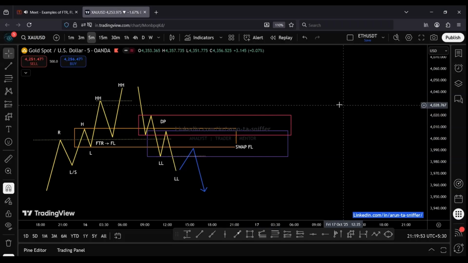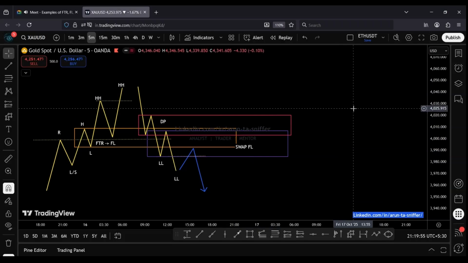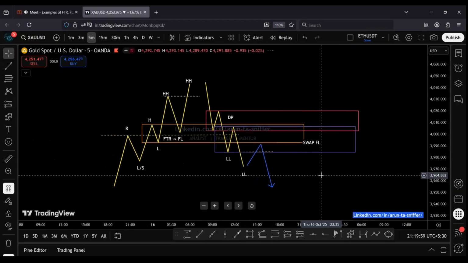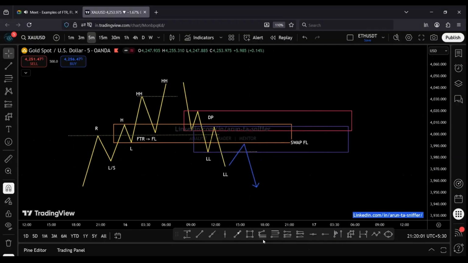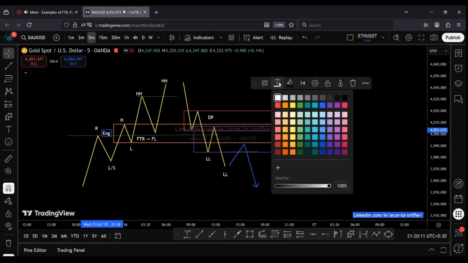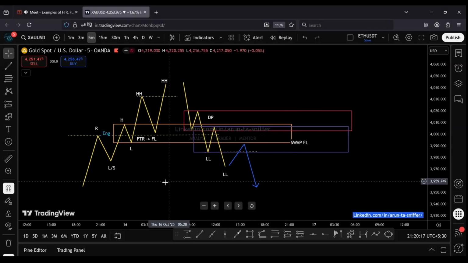So we will study a bit about engulf and FL. Whenever price crosses any level, it is called engulf. Like this, price crossed here, we will call this engulf. Just change the color of this. This is engulf.